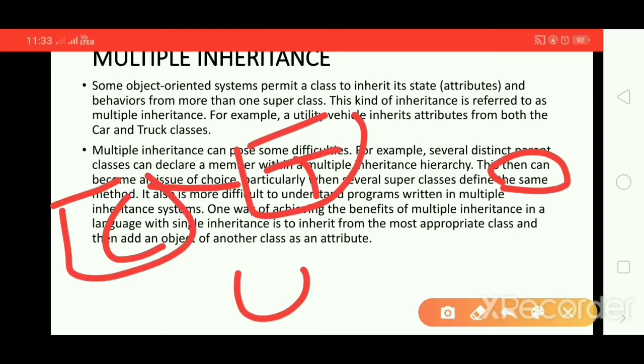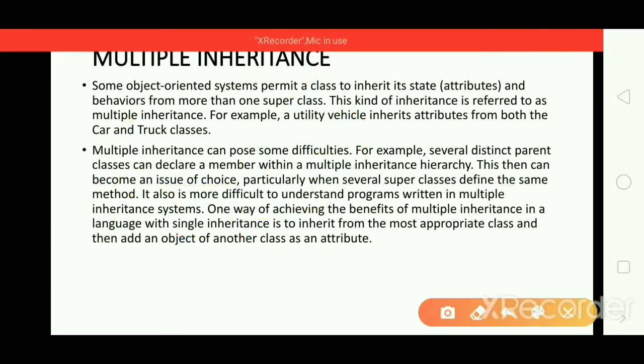If you inherit both in the utility class, you will get redundancy. So it is very difficult to decide whether to inherit from the car or from the truck. That is the difficulty faced with multiple inheritance.